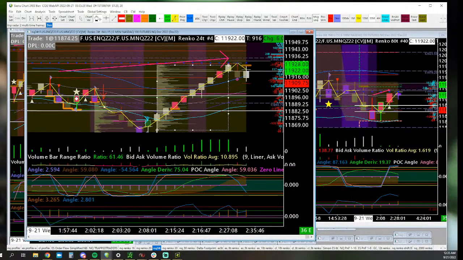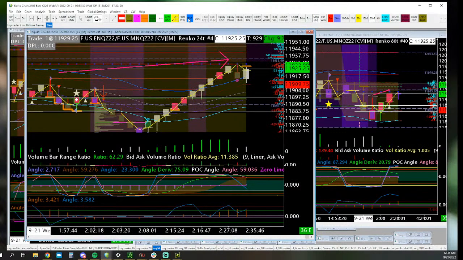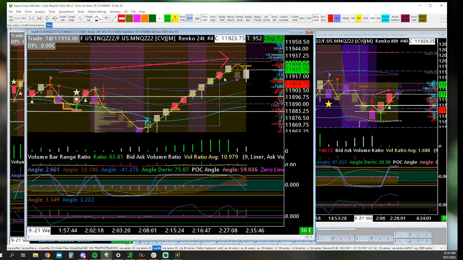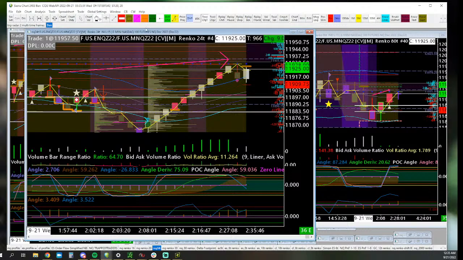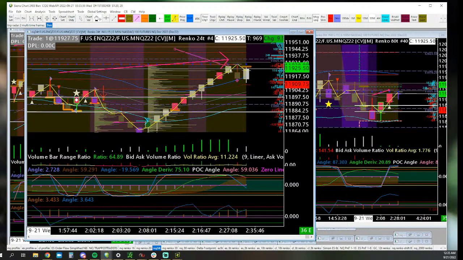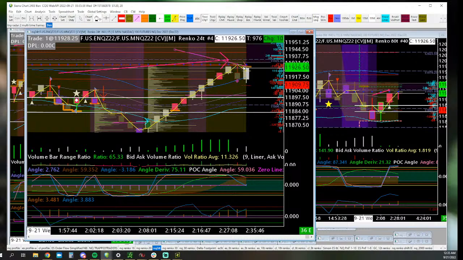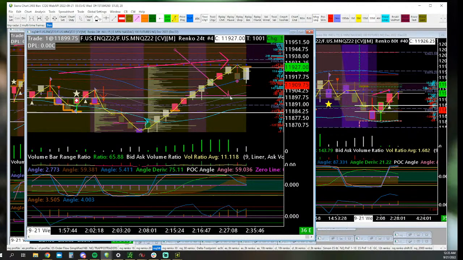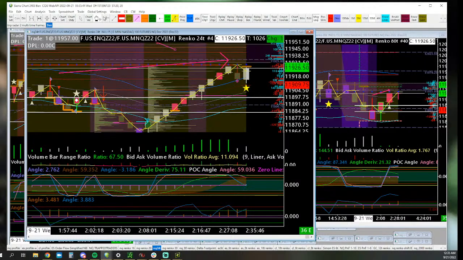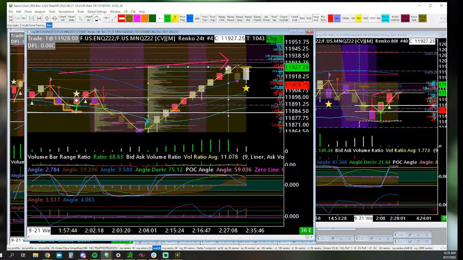I'm going to have to redraw this. What we should see. Oh, I guess I would have had to include this one. So we won't know until they continue higher. But if they continue higher here, we're going to see this POC shift. If they don't continue higher, you won't notice it because that means sellers came in.